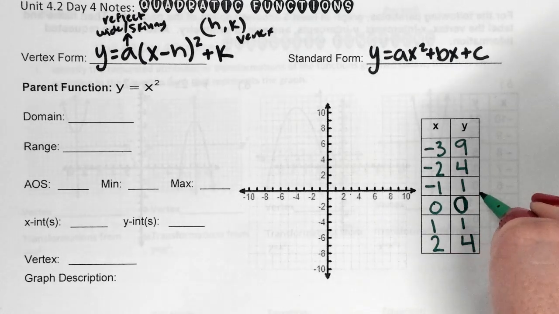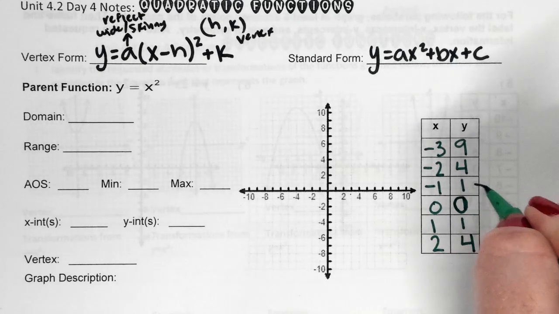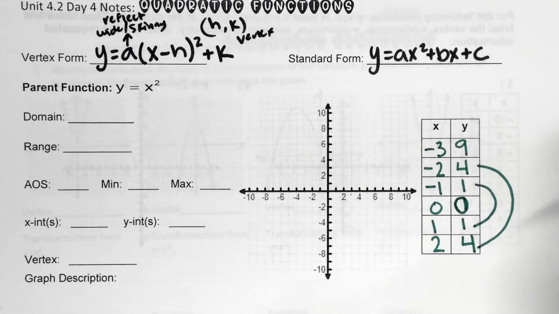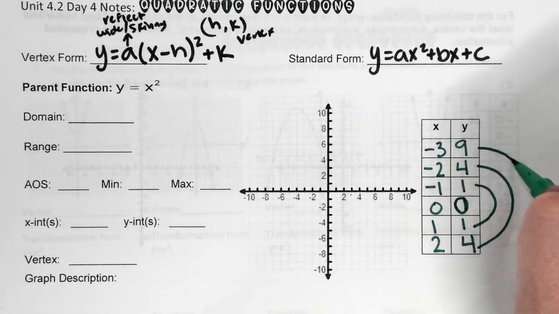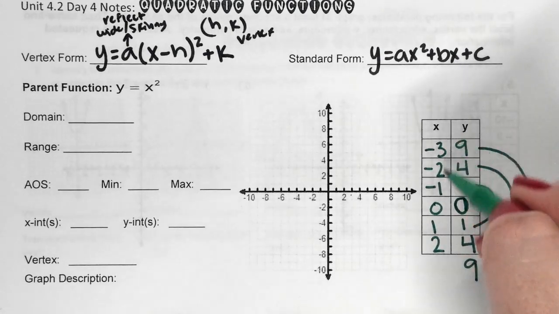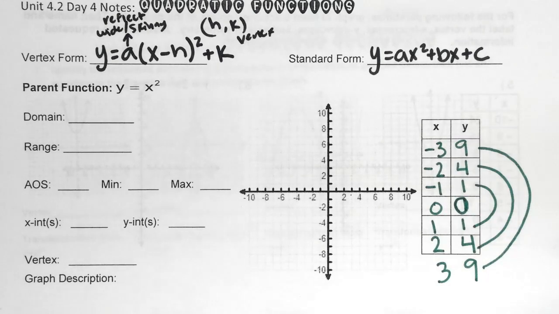So with our rainbow, these match. So if you're ever given a table and it says to complete it or fill in the missing, you can use your rainbow to figure it out. So if that's 9, this has to be 9, and it's counting by ones, so this has to be 3. So if you weren't given your equation, you can always finish your table by using the rainbow.